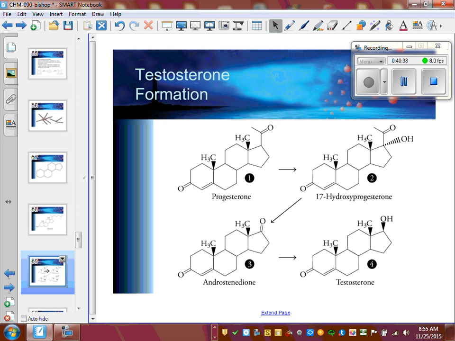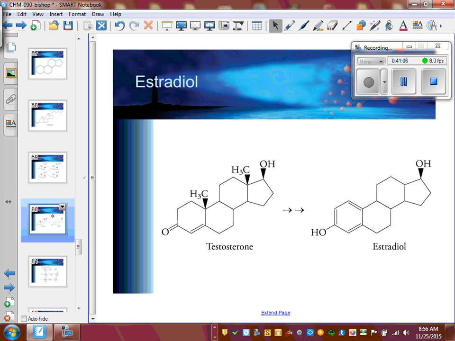Notice there's not a lot of difference between female hormones and male hormones. And we have both in our body. Progesterone is the one associated with pregnancy. And we have other ones here. There's testosterone, male hormone, and there's estradiol, female hormone.